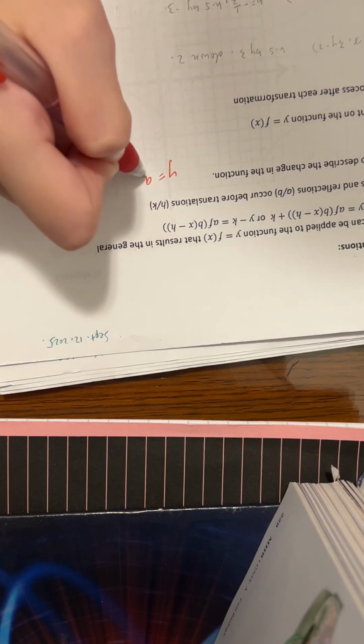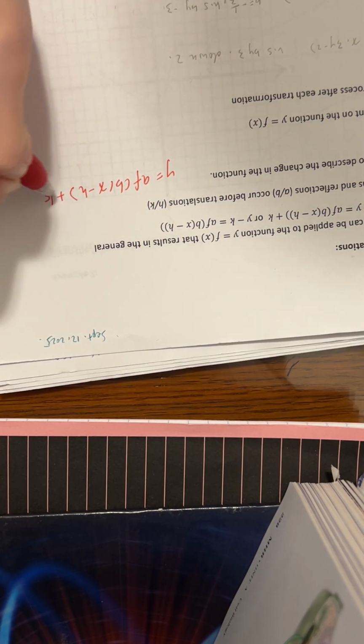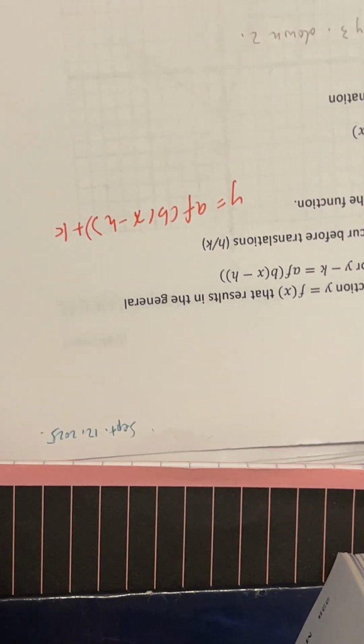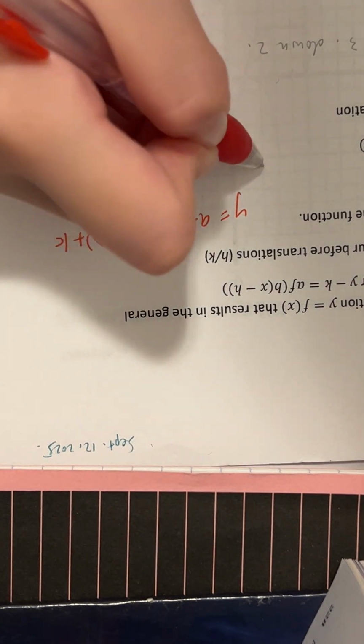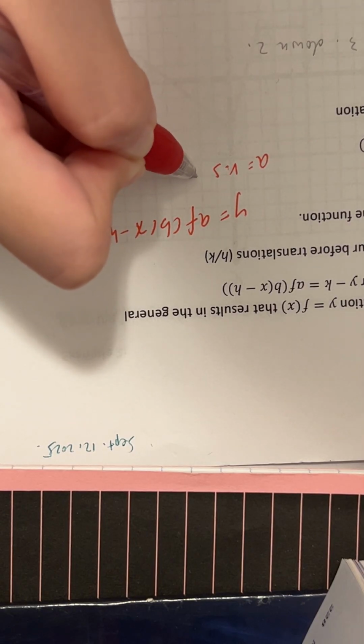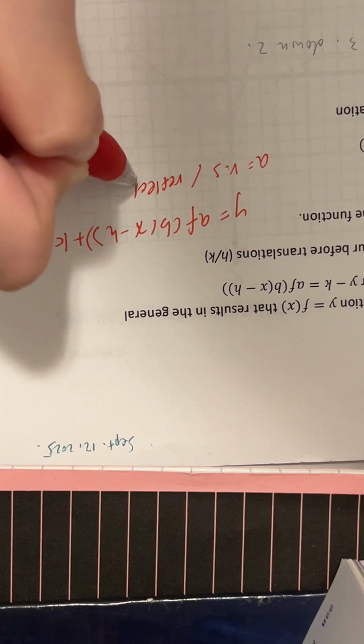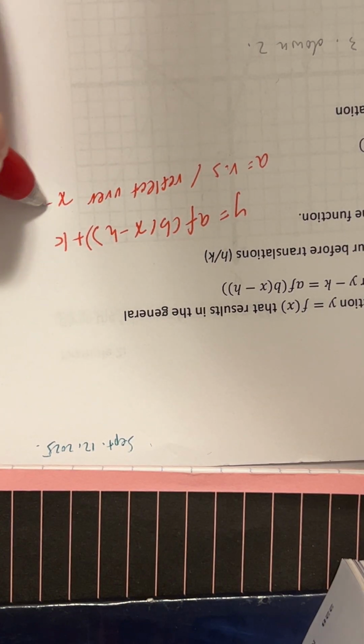y equals a f of b(x minus h) plus k. This is our general formula. A is the vertical stretch or reflection over the x-axis.